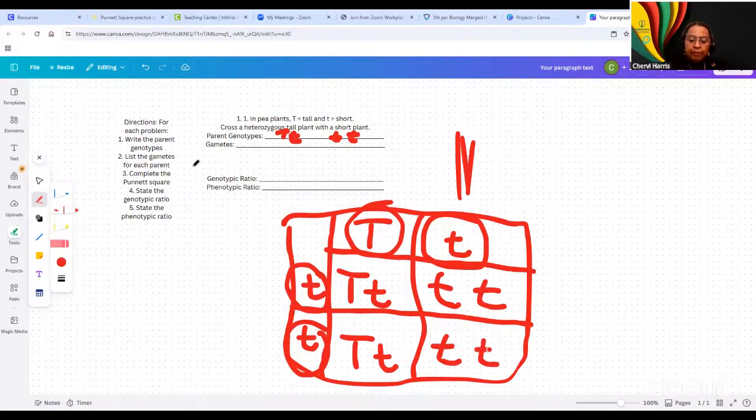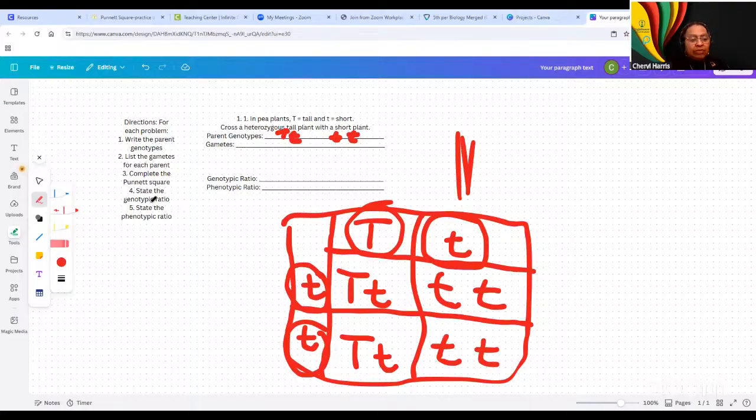So we've written the parents, we've identified the gametes. This one's not saying male or female, but sometimes you can say the top is the male and the side one is the female. We've completed our Punnett square, so we've done step 3.